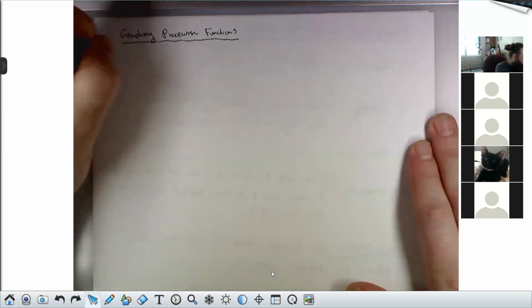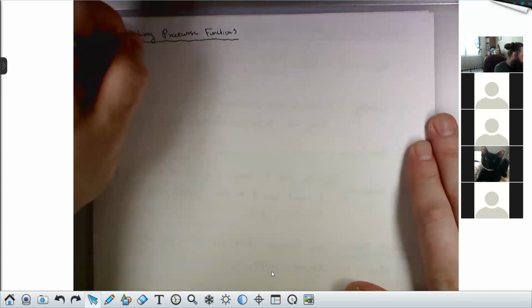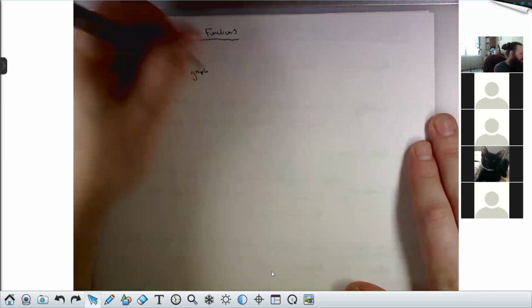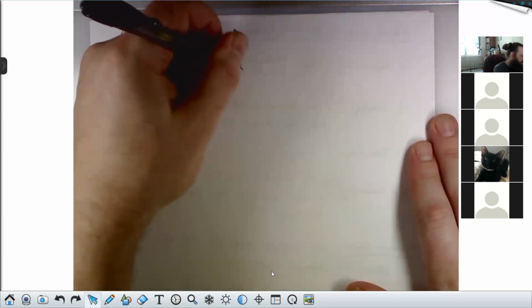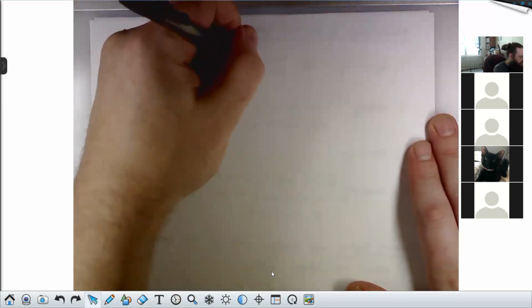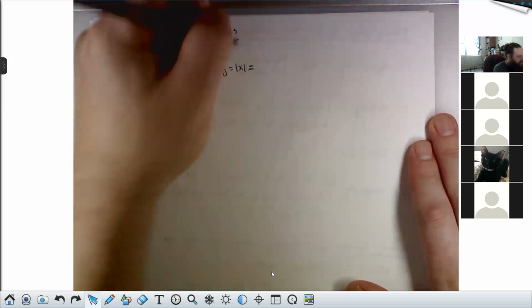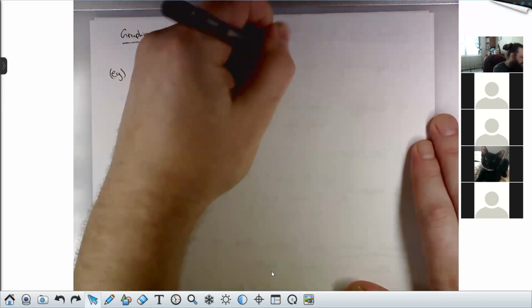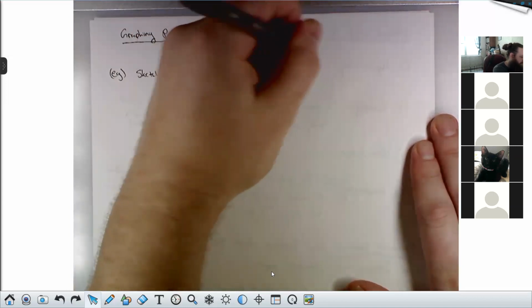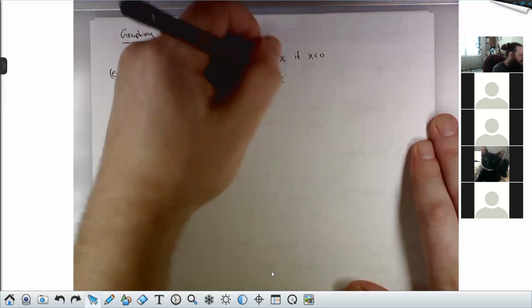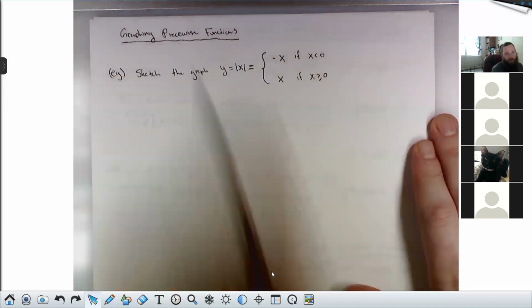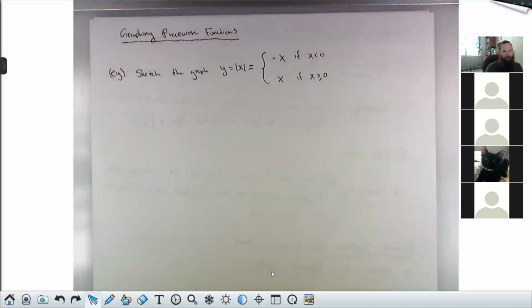So we're going to start our first example here, just sketch the graph y equals the absolute value of x. And we're going to remember that the absolute value of x is a function that is defined piecewise. I'm going to write it like this: negative x if x is less than 0, and positive x if x is greater than or equal to 0. Just switching the rows. All right, how do you do this?